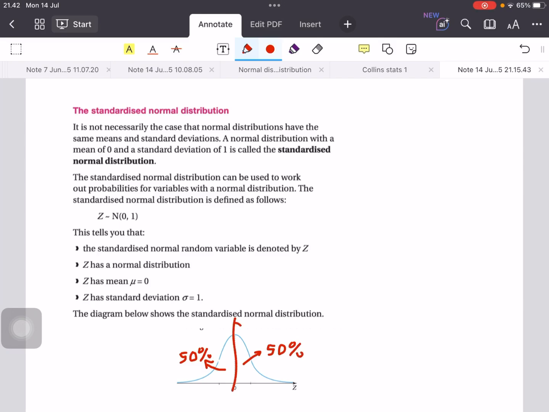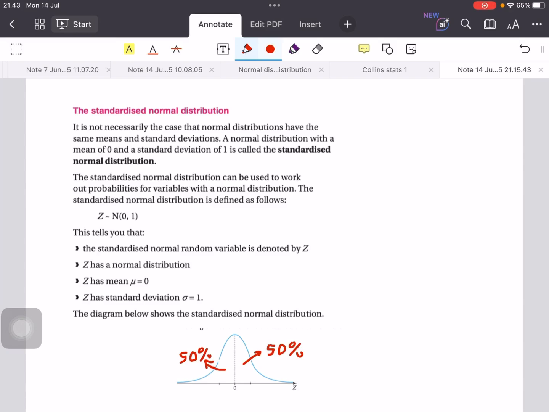So this one is 50% and this one is also 50%. One important thing is that later we are going to associate probability with area.